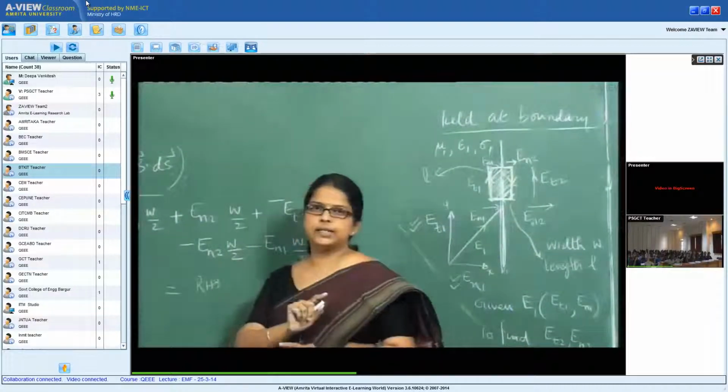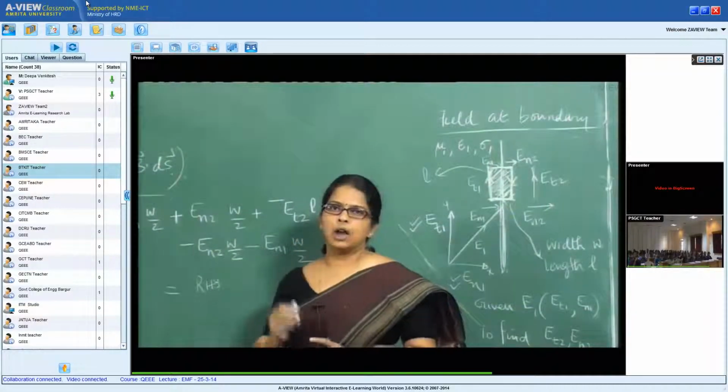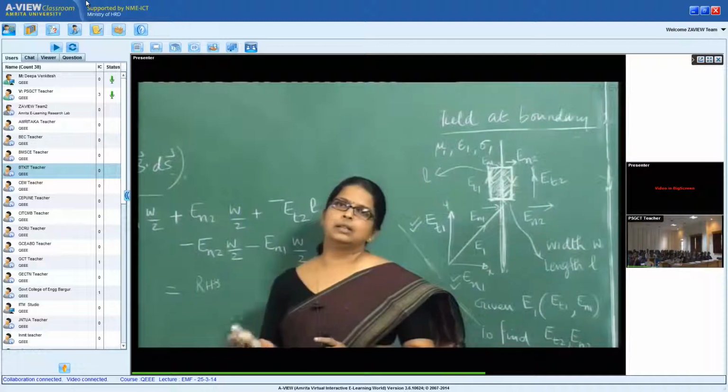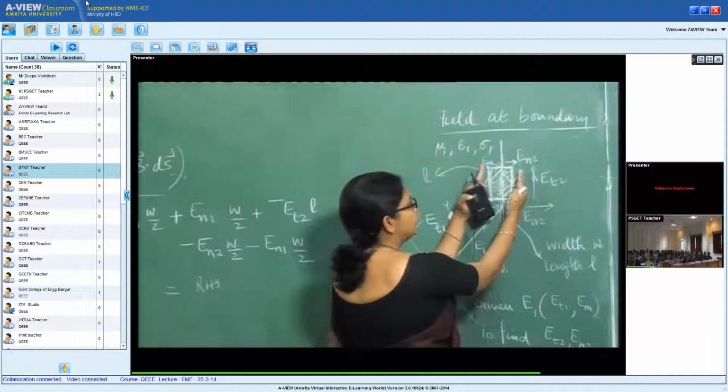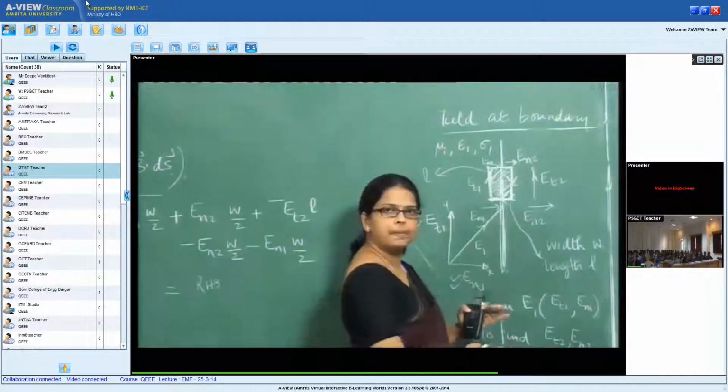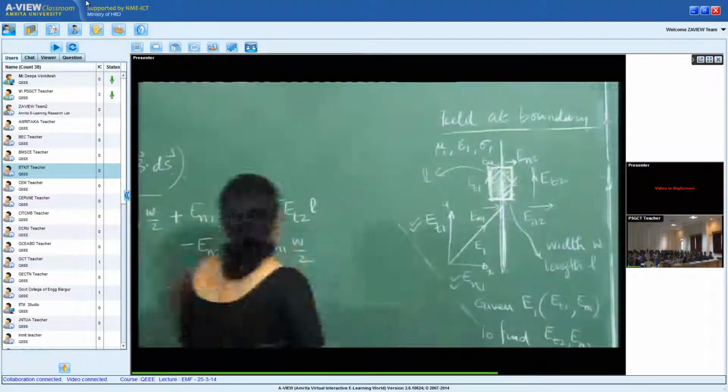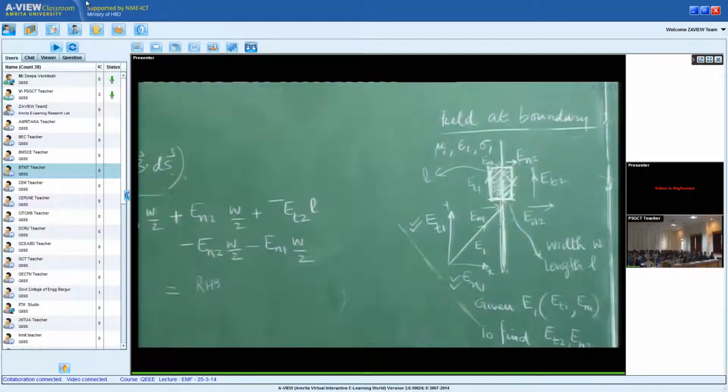What I am going to do instead is, now I look at the limit where this loop shrinks to the surface. Look at the whole equation in the limit as W tends to 0.